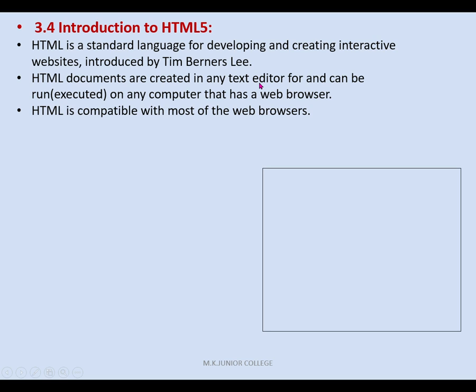After writing a program, just save that file, and then you need a web browser to execute or run your web page. So while working with HTML only two things you need: a text editor or code editor, and a web browser to execute your program.